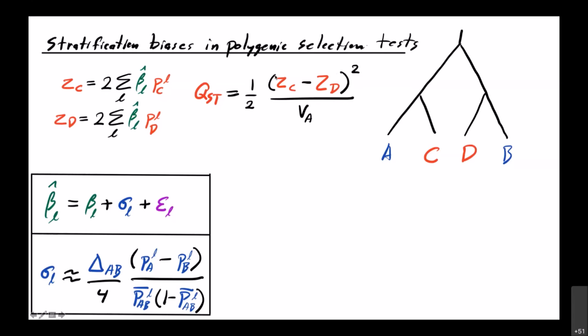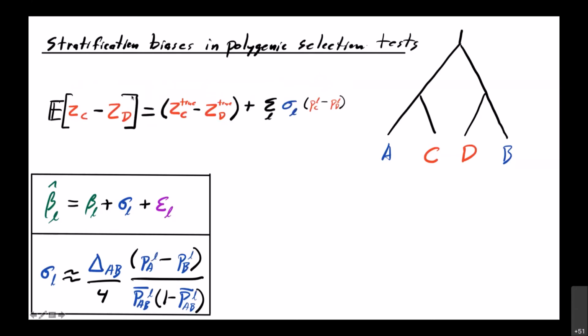And so you can see that in this simplified example, or this simplest case, our evidence for polygenic adaptation comes down to a statement about the difference in average polygenic score between these two populations. So I'm just going to focus on this thing, and I'm just going to think about, well, what is the expectation of this difference, assuming that we've got this bias term in here. And so we're going to have two components.